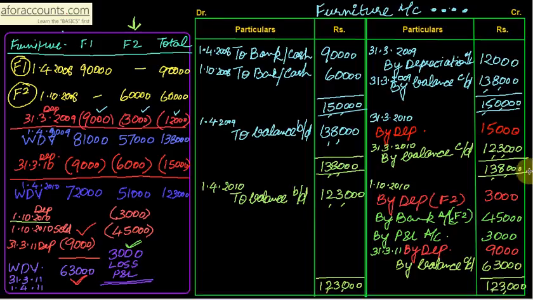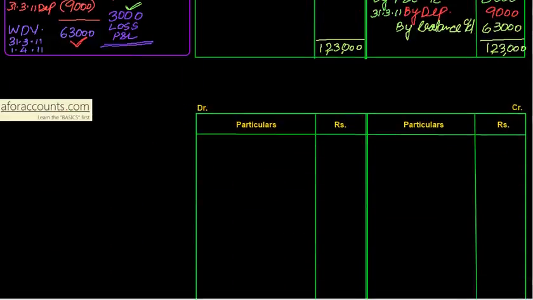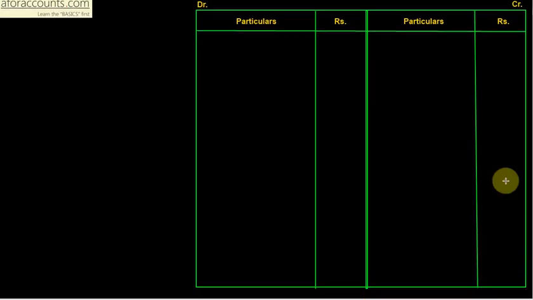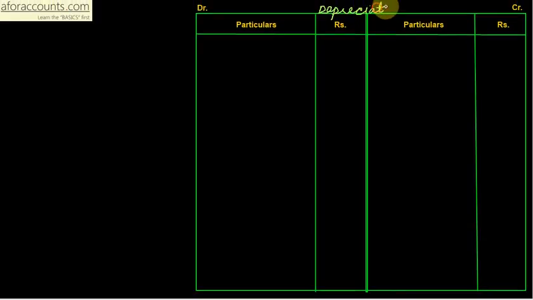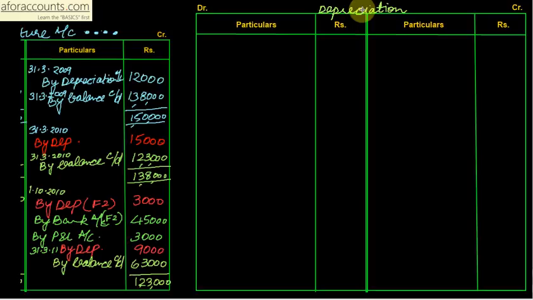Now the question has also asked us to do your depreciation entries. See here, depreciation entries has to be done in your depreciation account. So for entry of depreciation, I will take the credit side marked in my furniture account.